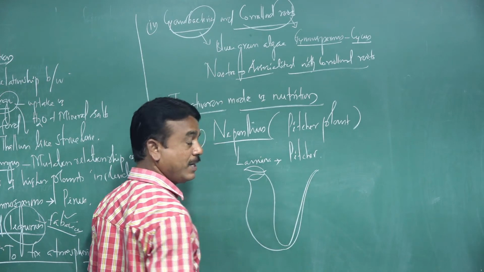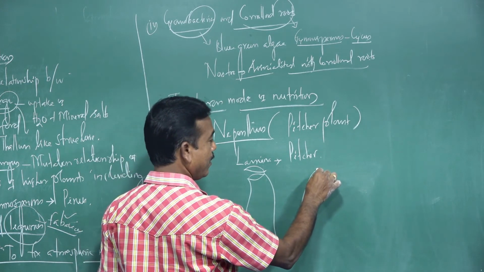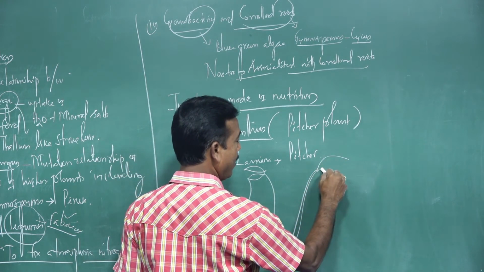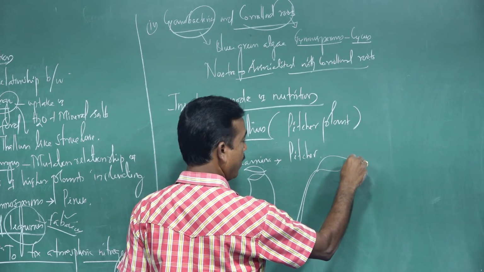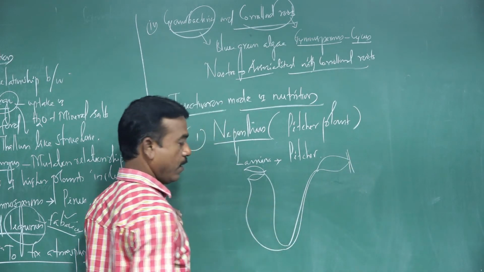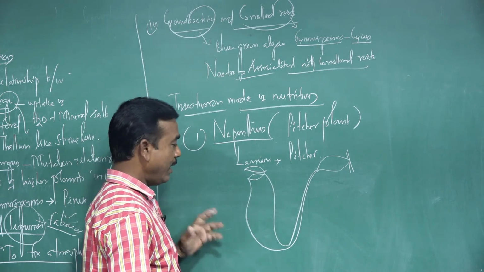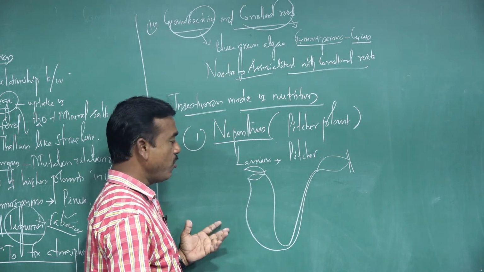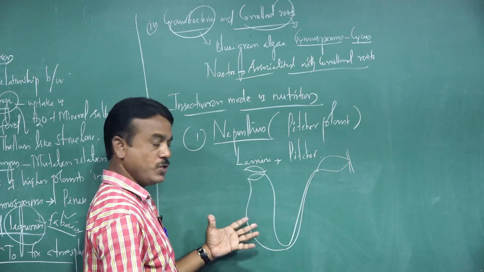This is a leaf tip, this is a lamina. So the lamina or the leaf is modified into a pitcher, looking like a jar.